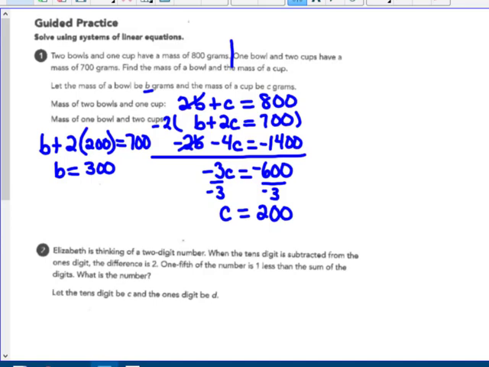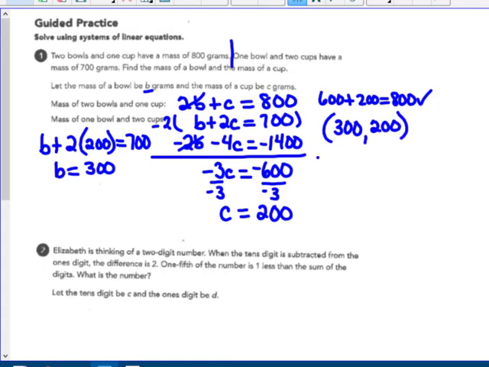So let's check this. 2 times 300 is 600. So 600 plus the cup, which is 200, that does equal 800. So I want to check first, and now I can answer it. That it's 300 for the bowl and 200 for the cup. That's what the solution is. I'm going to answer it in a sentence.